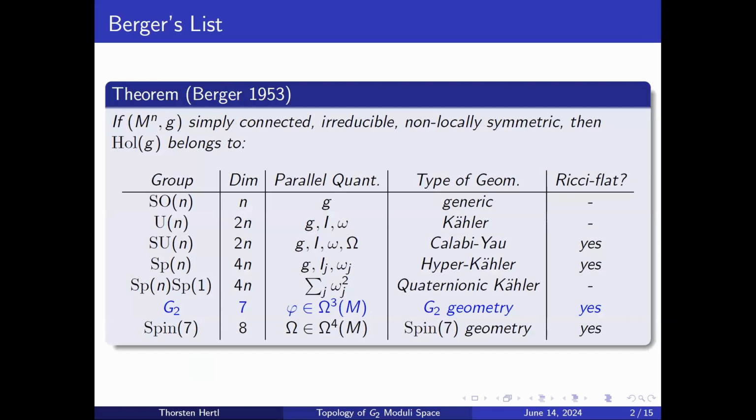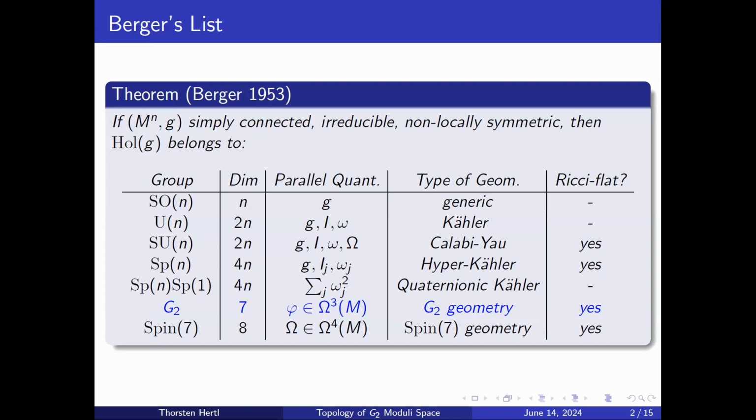The group G2 is a member of Berger's famous list of possible holonomy groups. Berger in 1953 couldn't exclude that group, and in fact, 30 years later, it was proved that this group really belongs to that list. Holonomy is a global differential geometric quantity that measures what kind of additional, constant geometric structure lives on my Riemannian manifold.